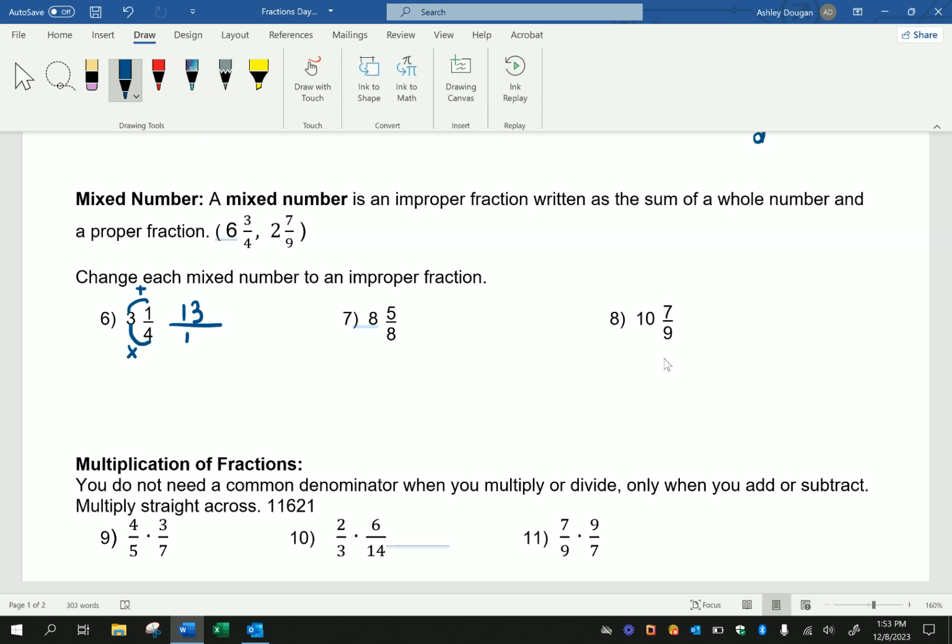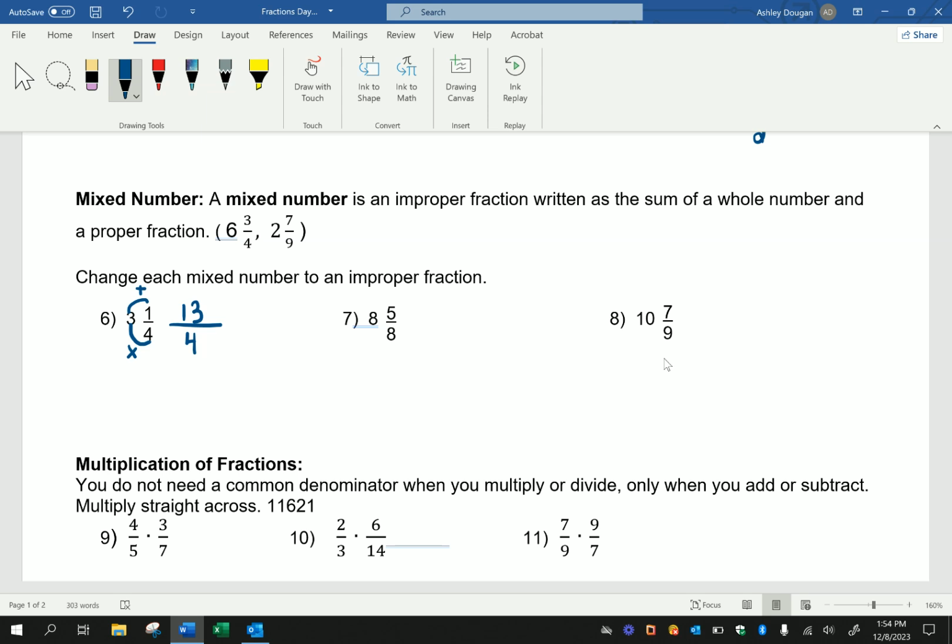And then we just keep the bottom number the same. It would just be 4. I could say I had 3 1/4, I could say I had 13/4, and it would be the same amount, just written in 2 different ways. This way is a little bit less work than changing it back to mixed number.